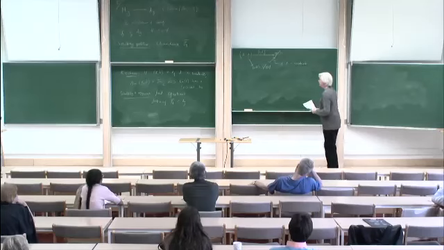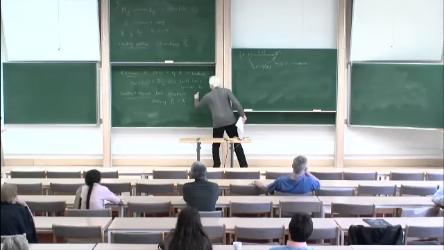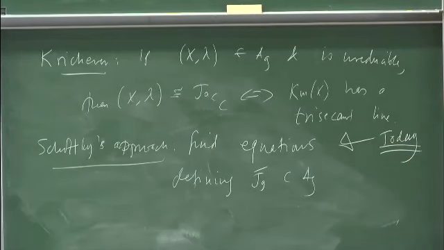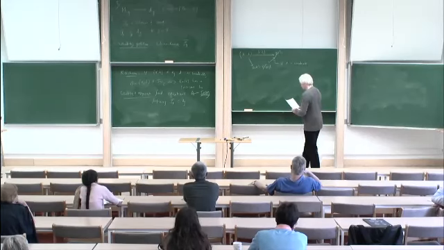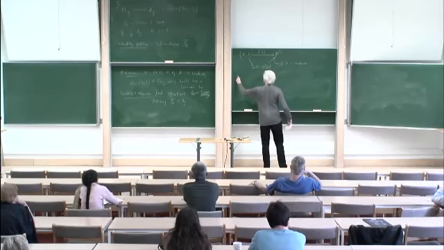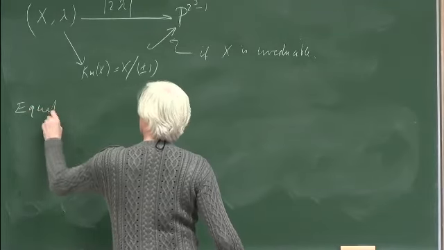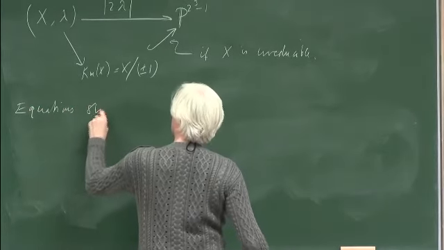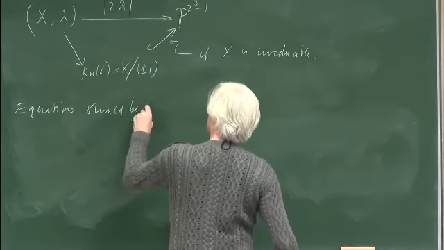Alrighty, so this is today. Well, ideally, if you're going to try to solve a geometrical problem by finding equations, you would like the equations to be, well, what should they be?